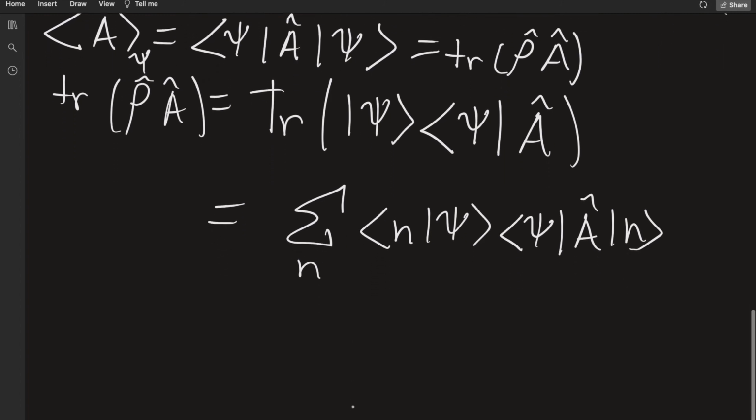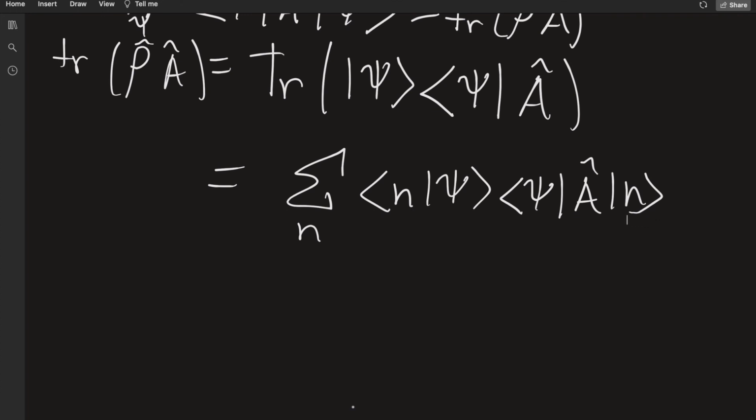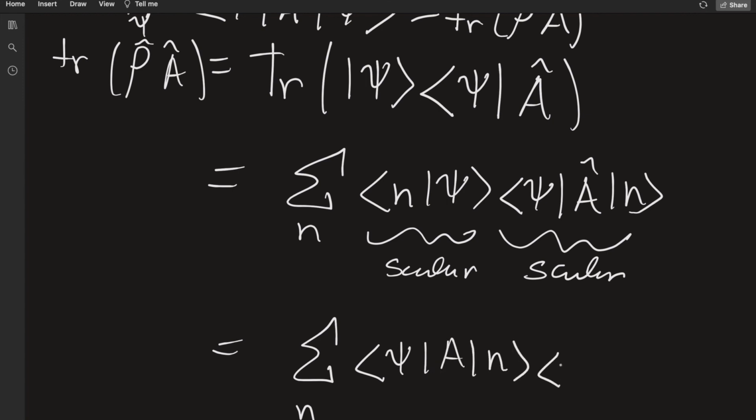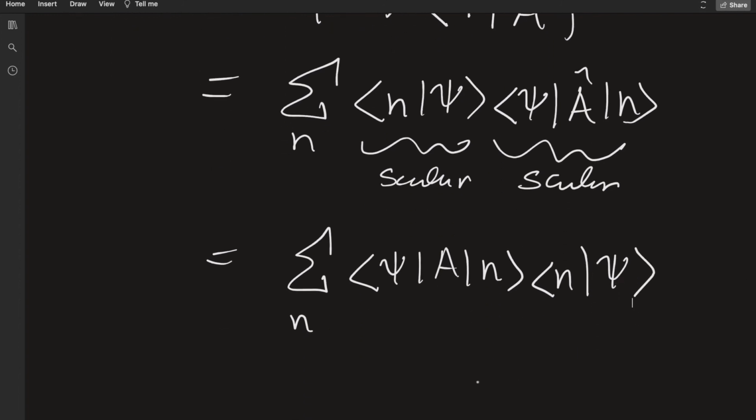Okay, now we can see that this is just gonna be a scalar, right? Just inner product. It's also gonna be scalar. Average value is just always a number. So we can rearrange this. Okay, just rearrangement.